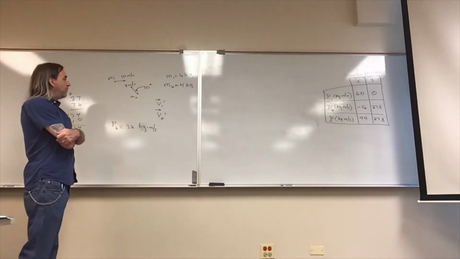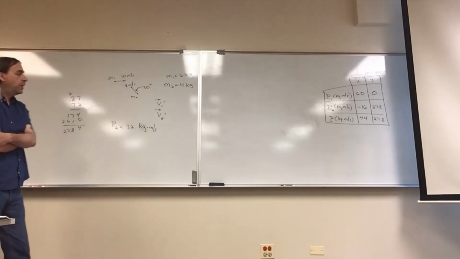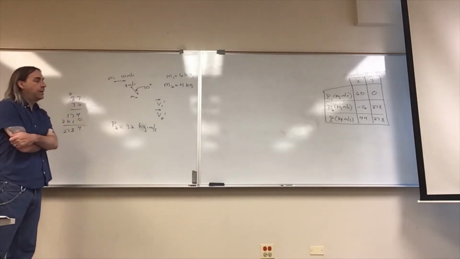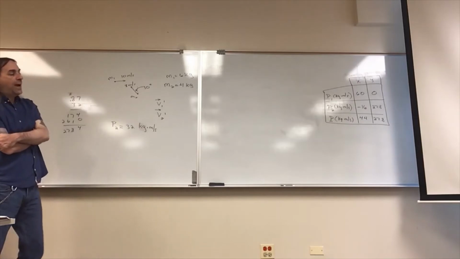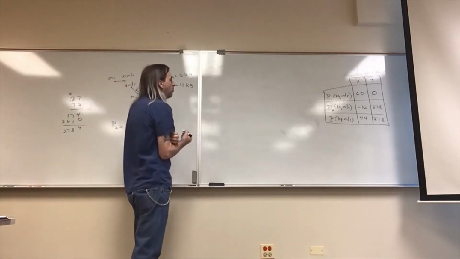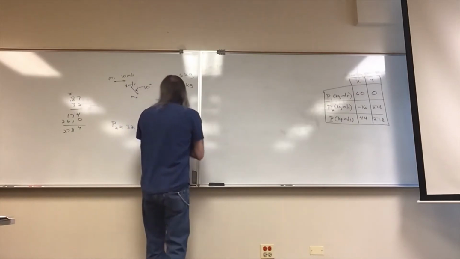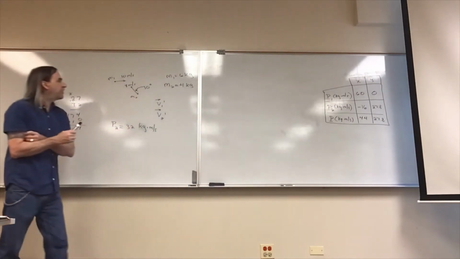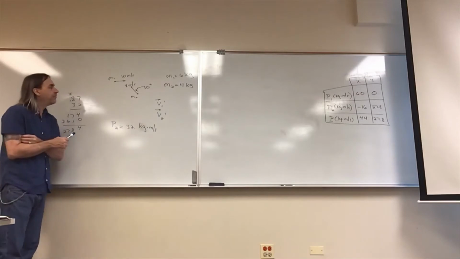But again, we have no idea what's going to happen after the collision. We have four unknowns. So after the collision, in general, if we just write after the collision, we don't know what direction each individual particle is moving.